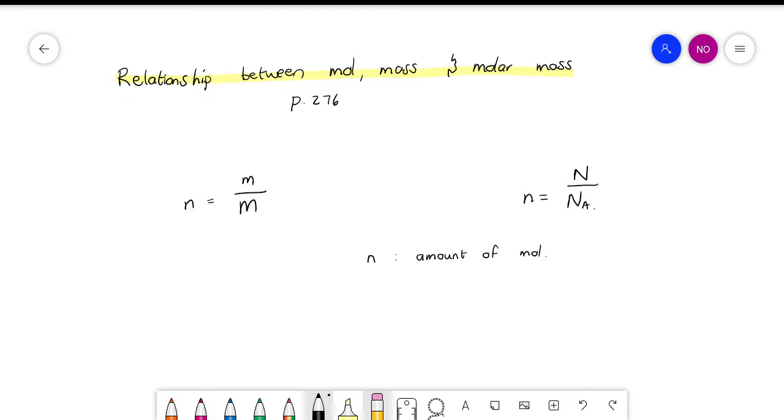Okay? Massa, M staan for massa. And that is measured in gram. Capital letter M is molar mass. Okay, en ek gaan nou vir julle 'n voorbeeld daarvan wys.